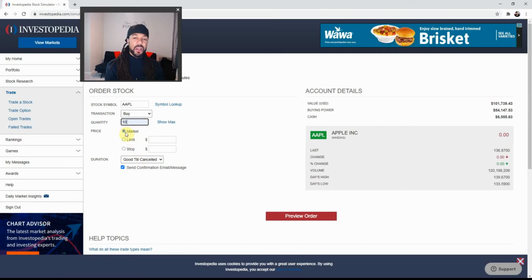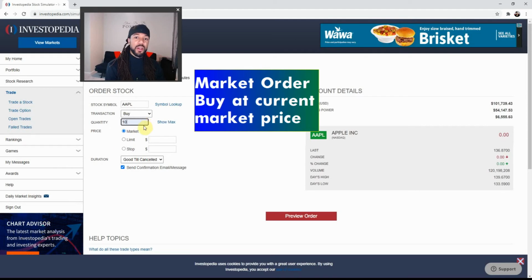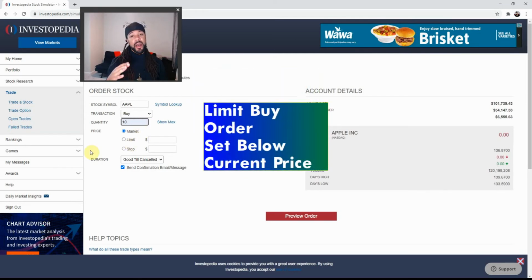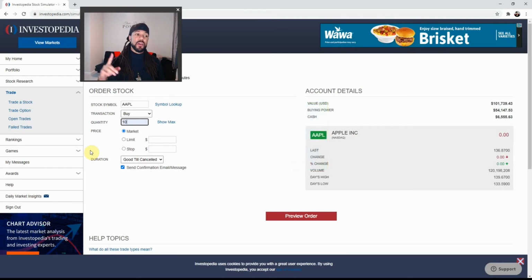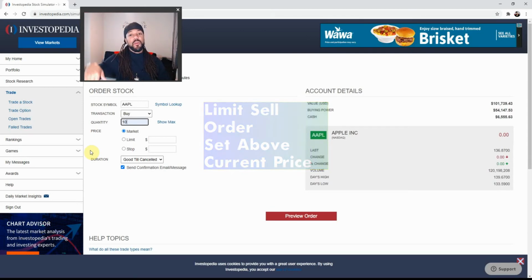I hope you guys know what these different types of orders are. But if you don't, this is why you should use a simulator first. Market orders, you're buying at whatever price it's at right then and there. A limit buy is usually placed below the price and you're expecting it to go back up. A limit sell is usually placed above the price and you're expecting it to get to that price and then go back down.